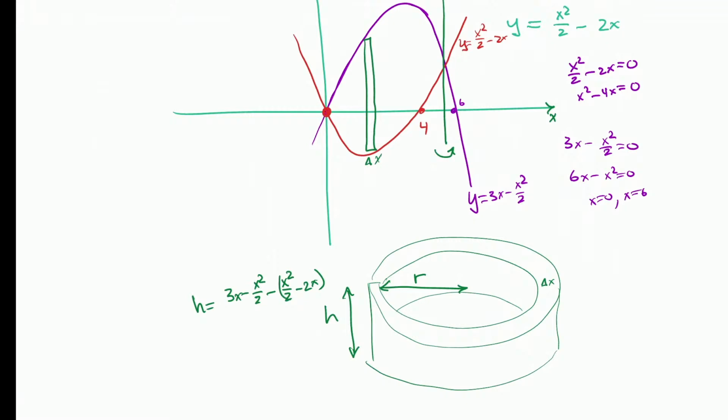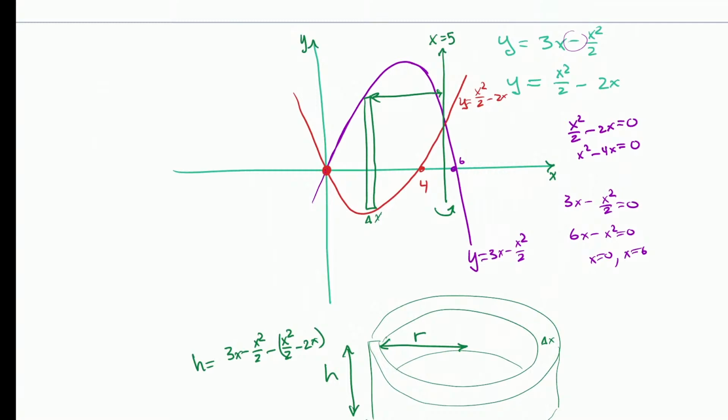So that's the height of this ring, or this shell. Now the radius is the distance from that to this axis, and this axis is x equals 5. So this here is x, so this will be 5 minus x. So here r is 5 minus x.